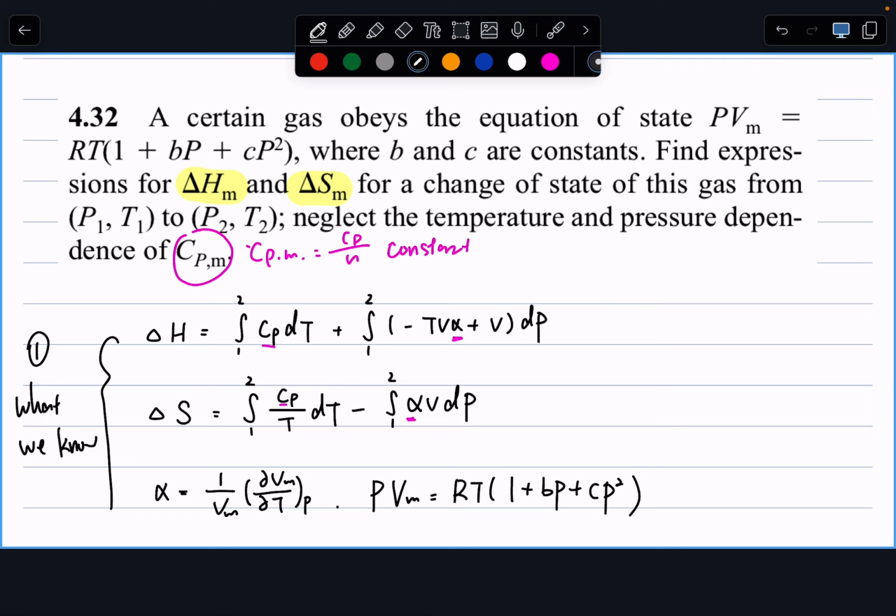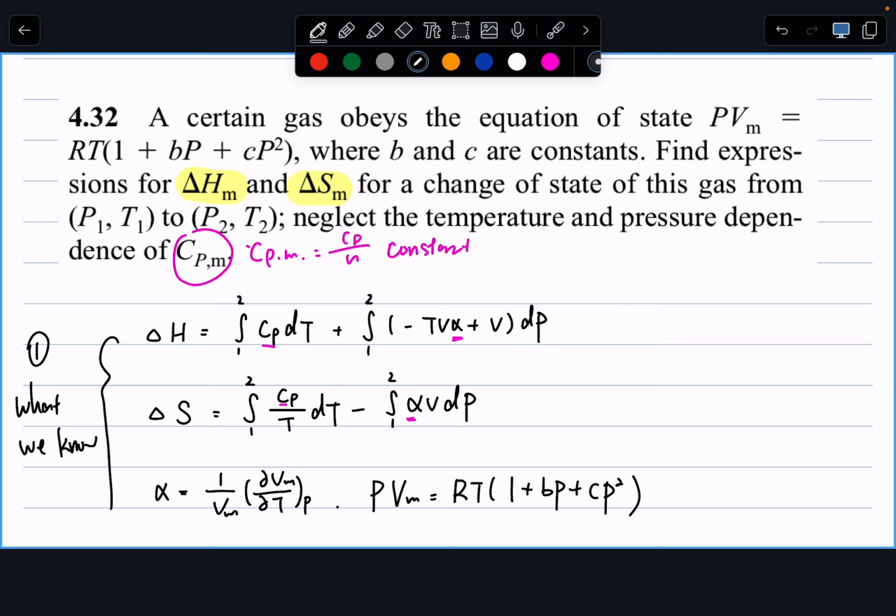Well, next step, calculating delta H and delta S by solving these integral calculus problems. So my delta H equals the integral of Cp dT plus (V minus T alpha) dP. In the question, we're given that Cp is a constant.